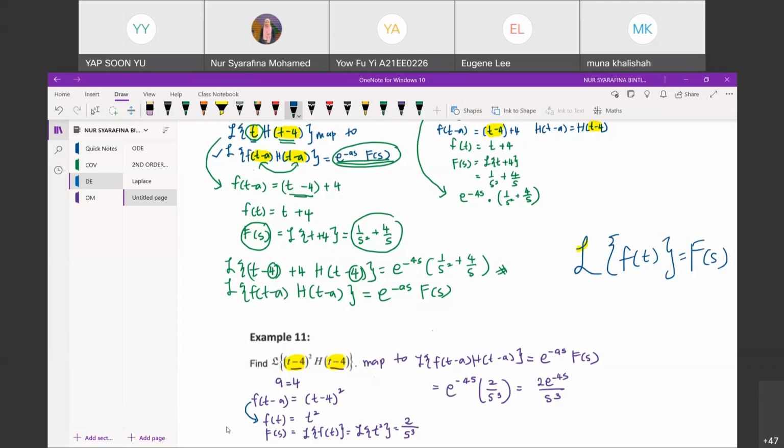Okay. Why here do I map to f(t minus a)? Because we want to make sure that it is in the form of f(t minus a) and h(t minus a). So you have to make sure that in h, if it is t minus 4, then in f also it is t minus 4, here and here. But this f(t minus a) is still a function of t.